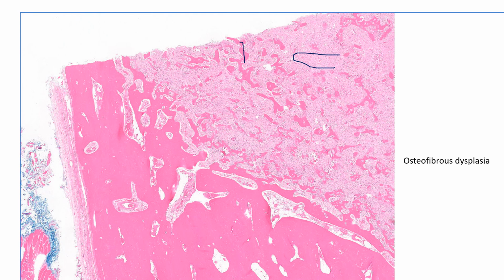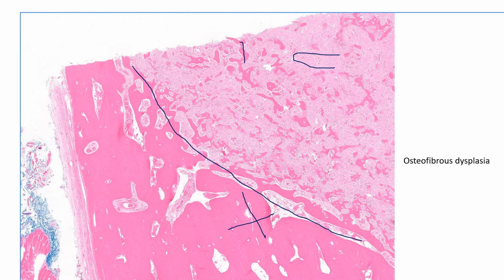So a couple of things to see. Perhaps the most important thing to recognize on low power is that this tumor stops dead at the interface. It does not infiltrate the adjacent cortical bone, and that's an important rule to remember in bone pathology. Benign lesions do not, with minor exceptions, infiltrate the adjacent cortical bone.